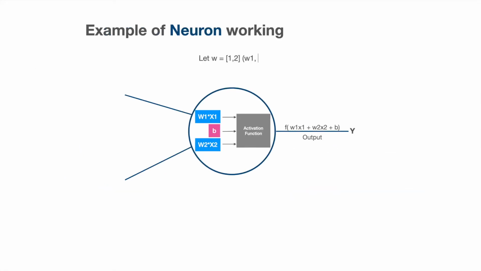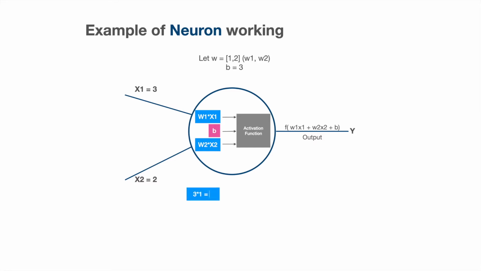We will initialize the weights and biases W and B. So W1 is equal to 1, W2 is equal to 2 and B equals 3. We'll then take random inputs to the neuron x1 equals 3 and x2 equals 2. The neuron will first multiply weights with the inputs.